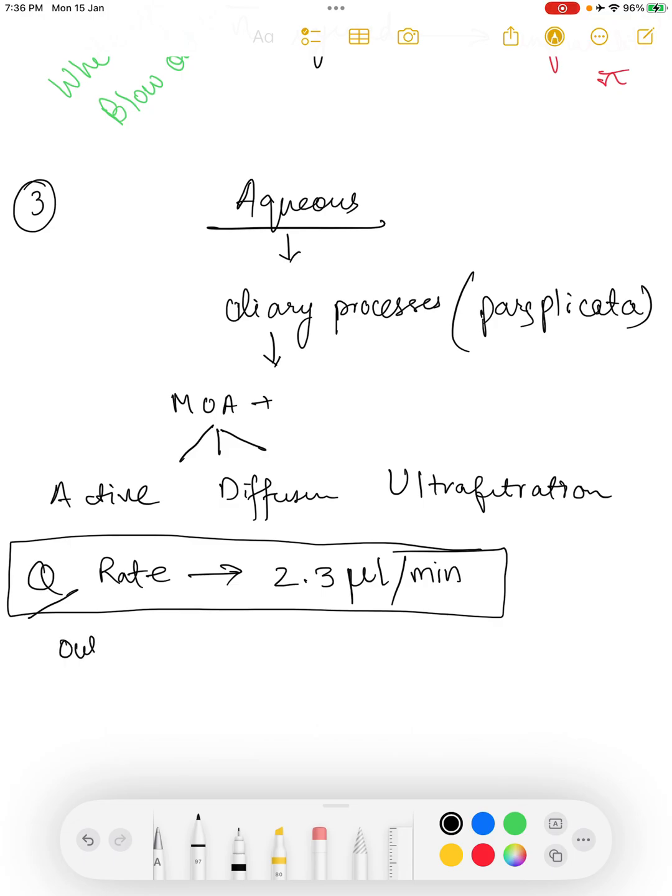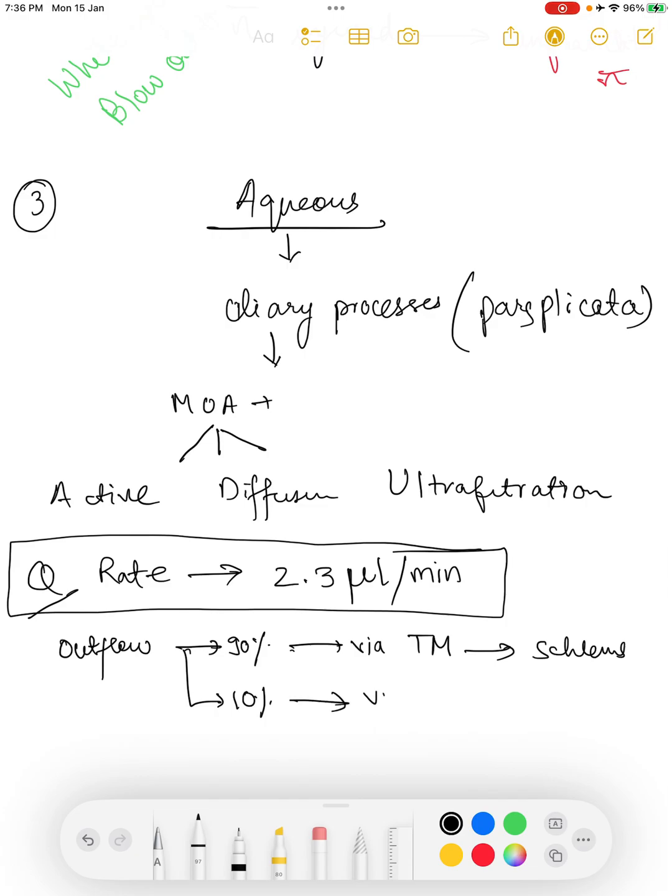Coming to the outflow. 90% via trabecular meshwork to Schlemm's canal. 10% via uveoscleral outflow to suprachoroidal space.